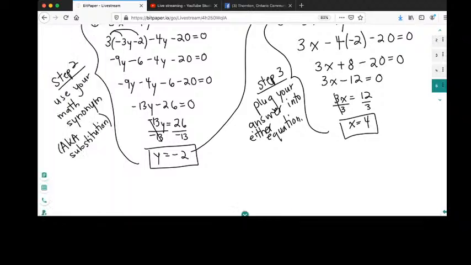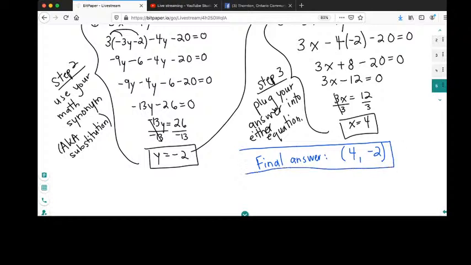That's really important because we always write our points on a Cartesian plane as xy. Always, always, always. So our final answer is 4 and negative 2. Yay!